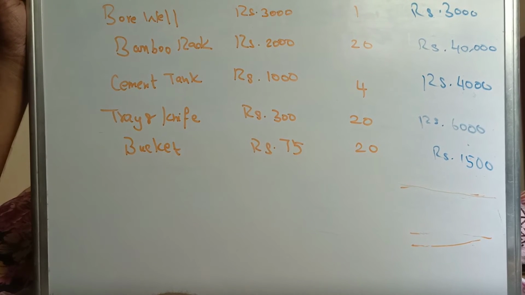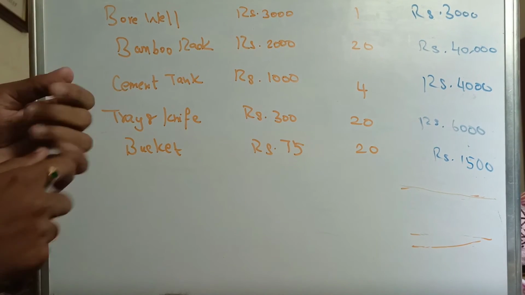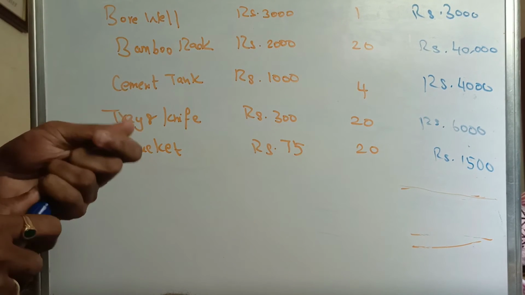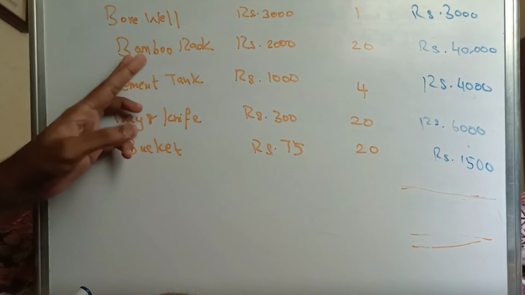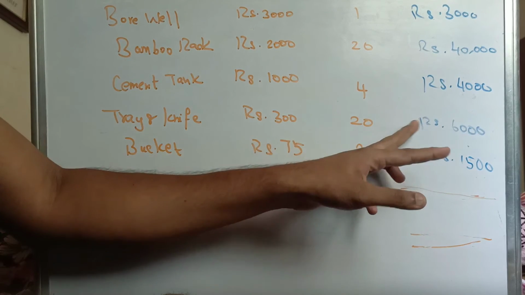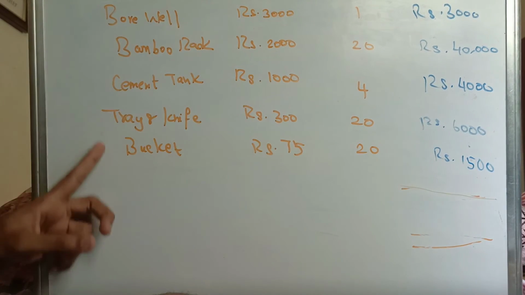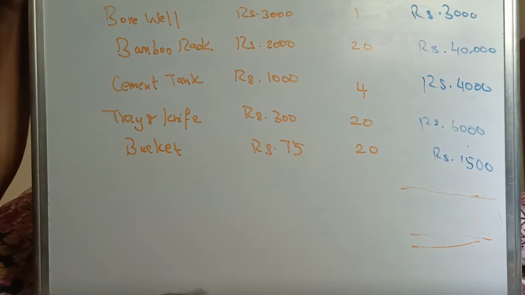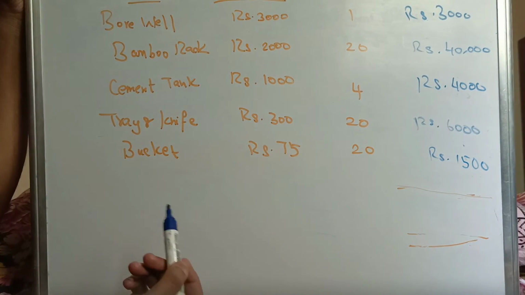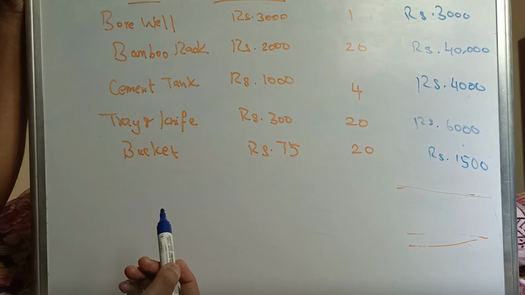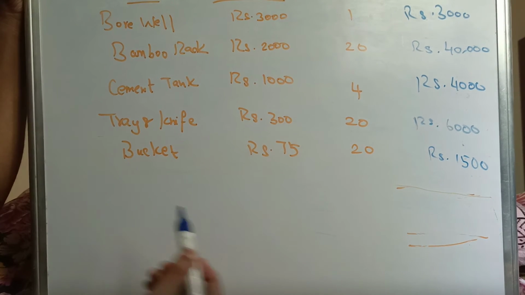Okay, now you tell me, you have identified the cost of each line item: 3000 for borewell, 40,000 for bamboo rack, and similarly 4,000, 6,000, 1,500 respectively for cement tank, tray and knife, and buckets. So what is the total cost? That is the question. You have to do the addition of 3,000 plus 40,000 plus 4,000 plus 6,000 plus 1,500.